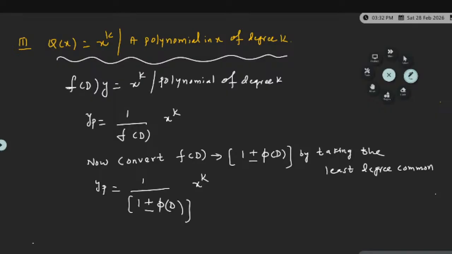And the first step, you must convert the function into 1 plus function of D, or 1 minus function of D, by taking the least degree term common.